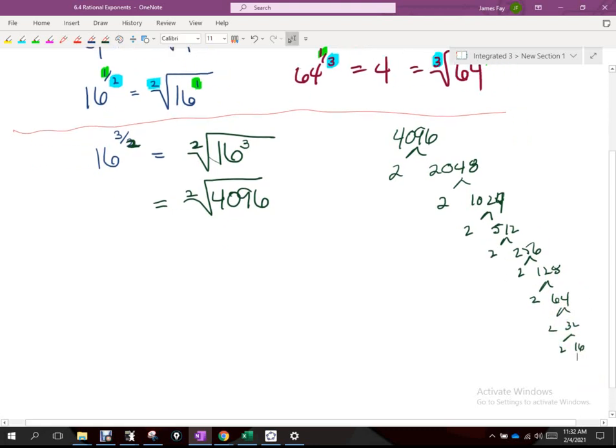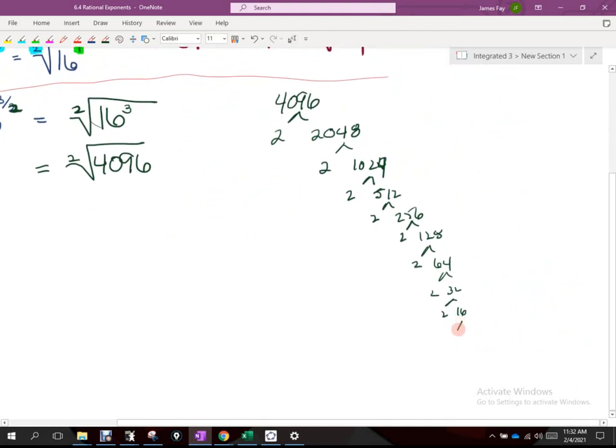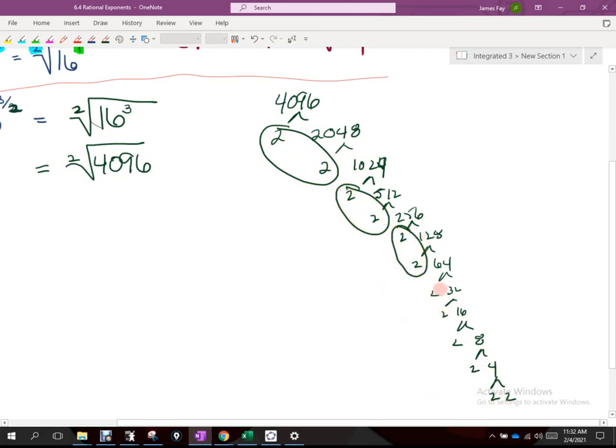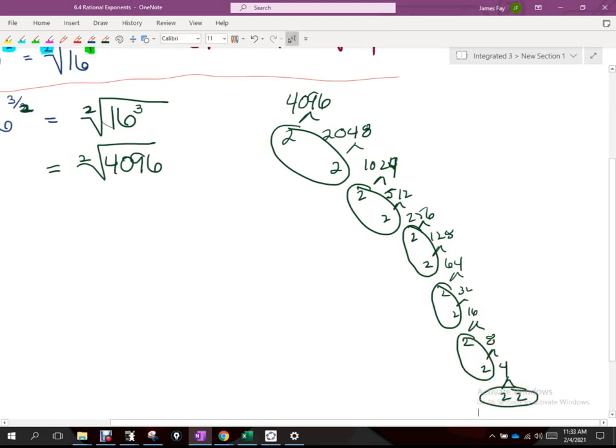So there's a lot of 2's here, right? 2 into 16 is 8, 2 into 8 is 4, 2 into 4 is 2, correct? All right, so let's group these. There's one group of 2's, 2 groups of 2's, 3 groups, 4 groups, 5 groups, 6 groups of 2's, right? So those all come out.